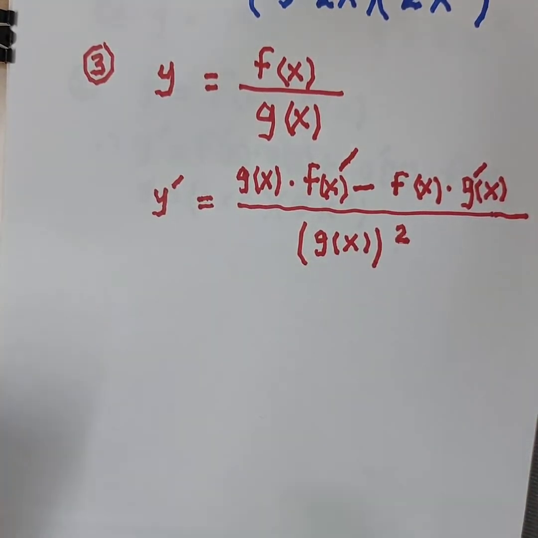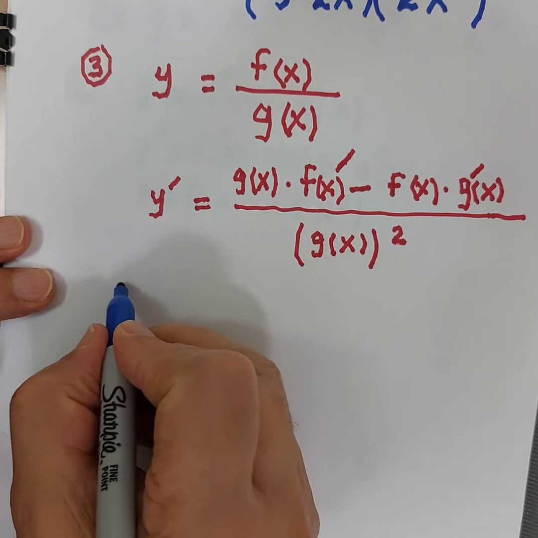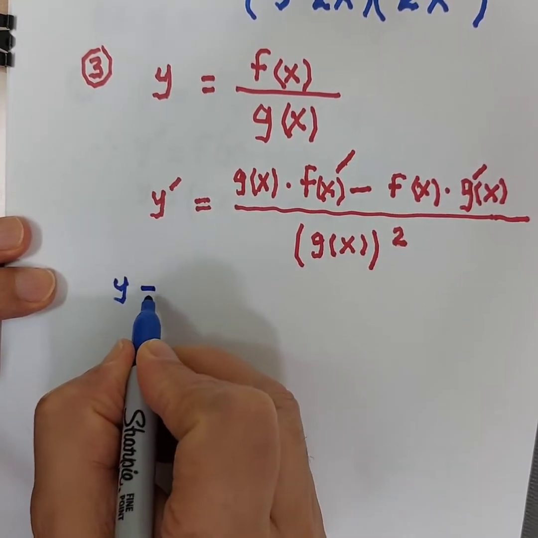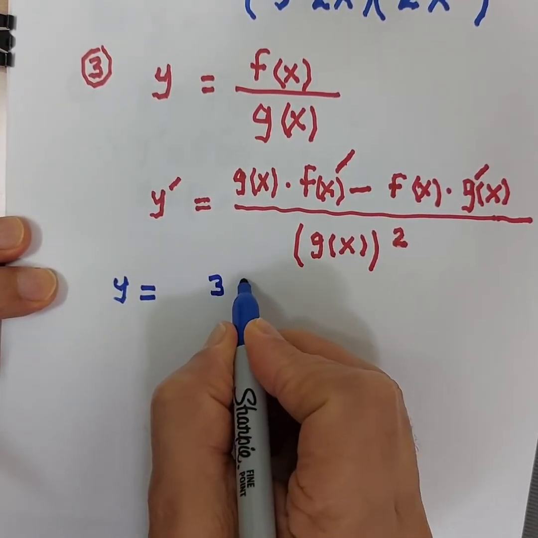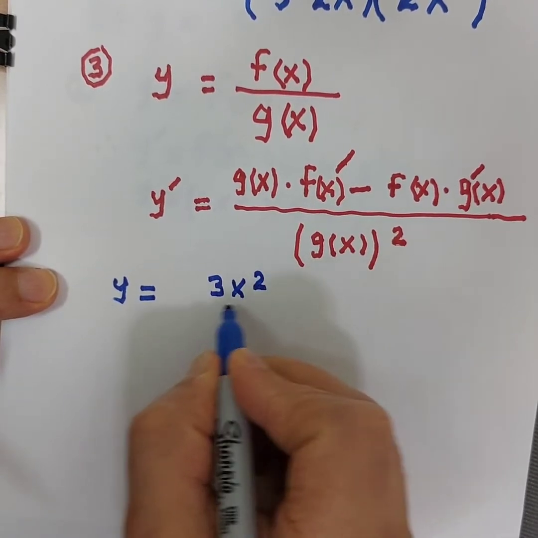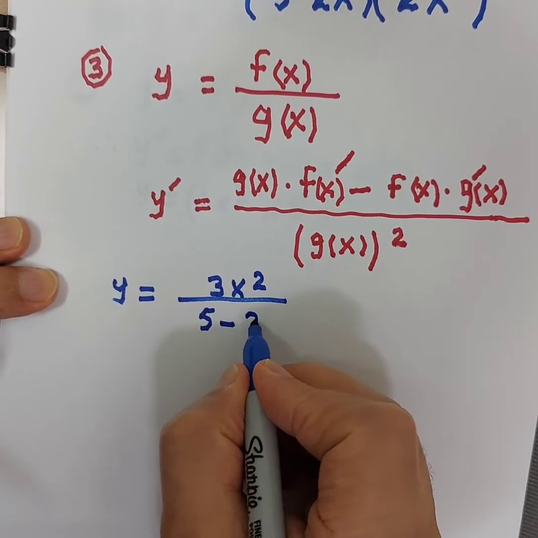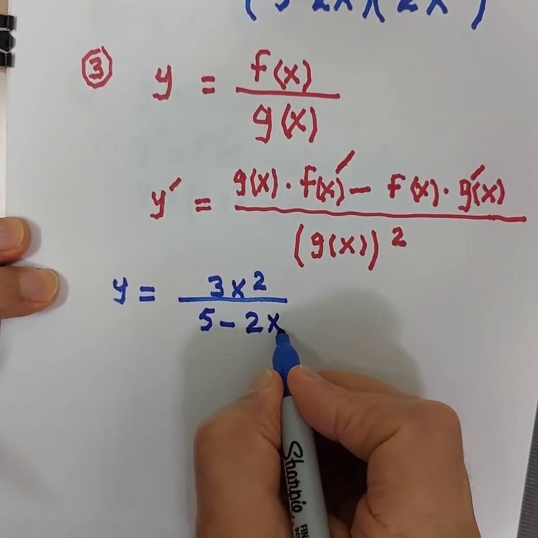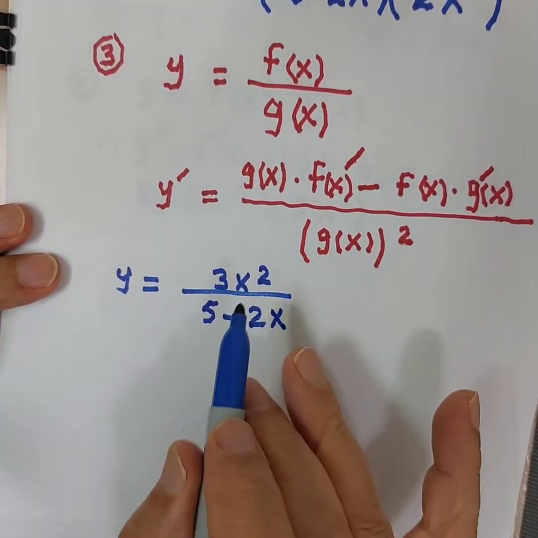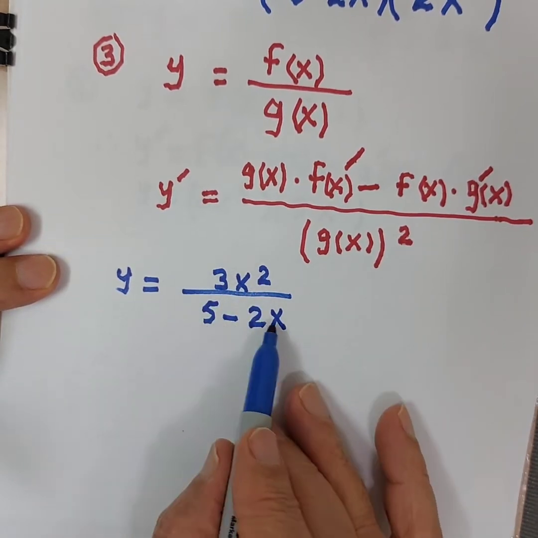If we take an example like y is equal to 3x squared divided by 5 minus 2x. Here's f x, here's g x.